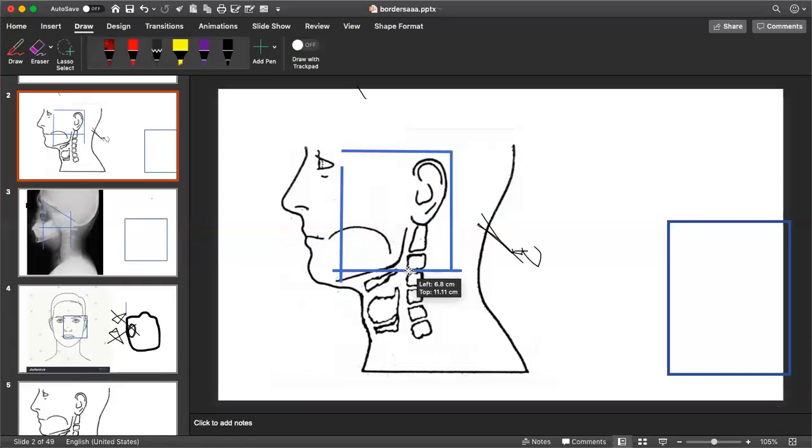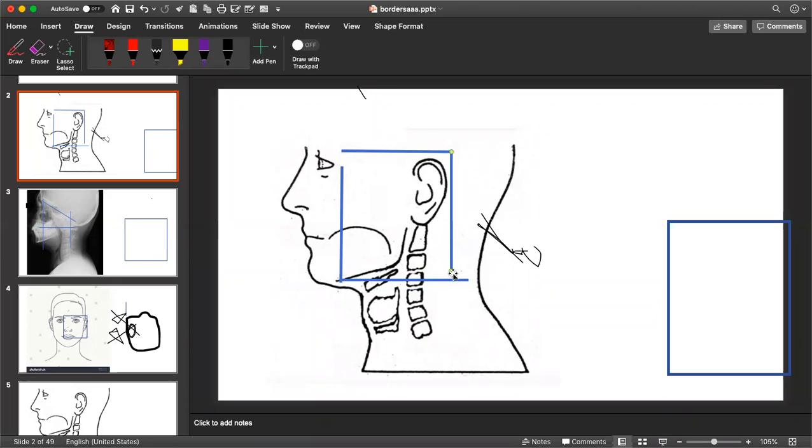In some books they have also written the inferior border to go further down and put it near the top of the thyroid, but I would like to keep it at 1 centimeter below the angle of the mandible. Don't need to go that much further down to the thyroid notch. So this is what your inferior border would be.